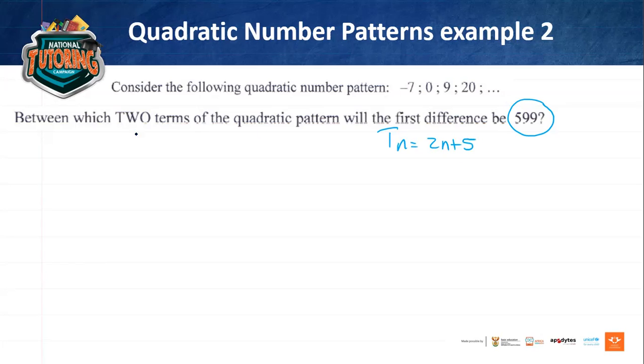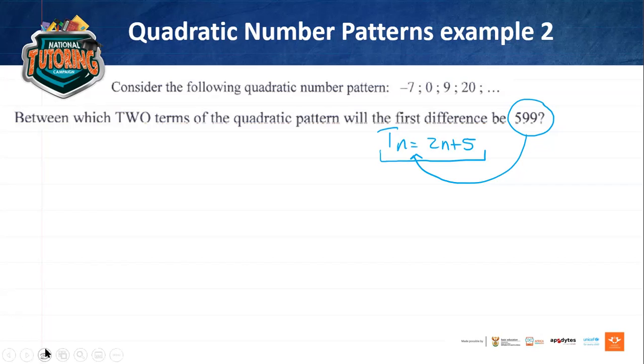So when they're asking me when is the first difference 599, they are asking me in this linear pattern that I've just worked out, my Tn value is 599, figure out the position.